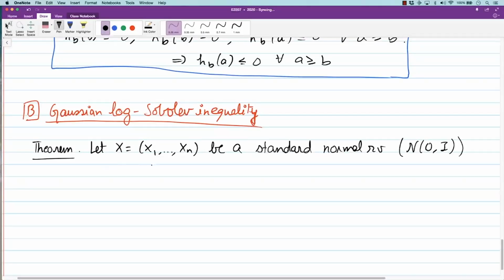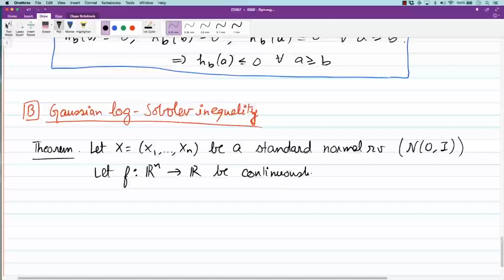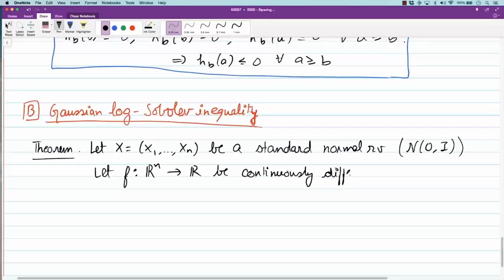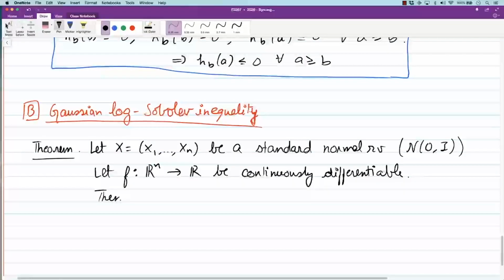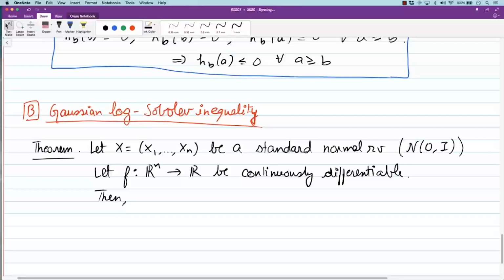Let f be any function from R^n to R such that it is continuously differentiable, just like we had in the Gaussian Poincare inequality.